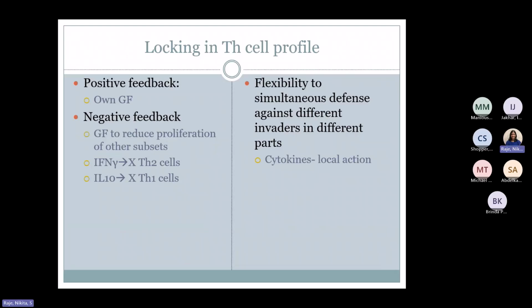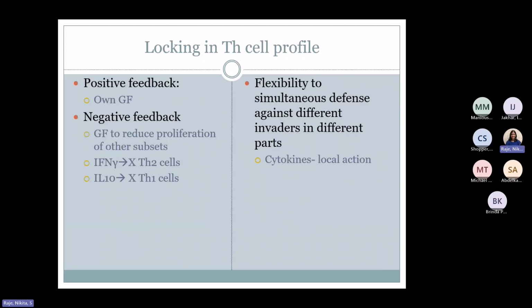They also provide negative feedback to the other commitments. So they will try to make sure the Th0 cells do not become other subtypes. They'll provide the growth factor to reduce the proliferation of other subsets. For example, if there is interferon gamma that's released from Th1 cells, they will try to make sure that the cells do not commit to becoming Th2 cells because they need more Th1 type of subsets.